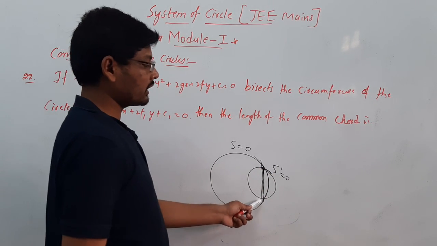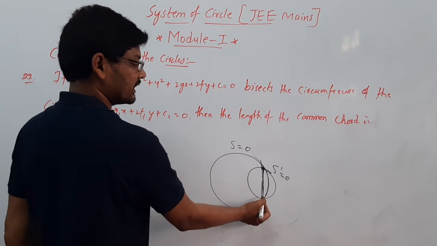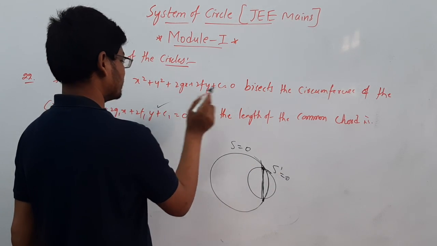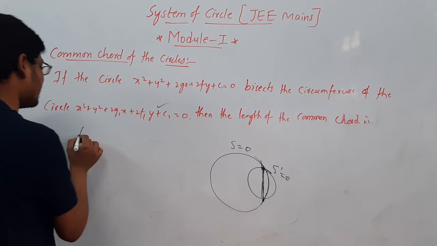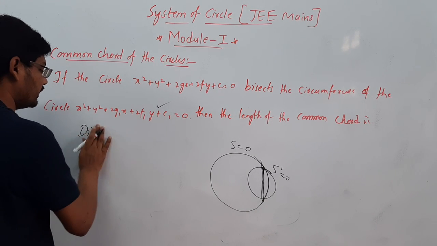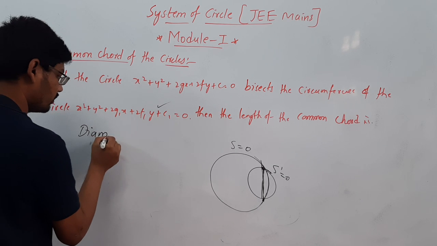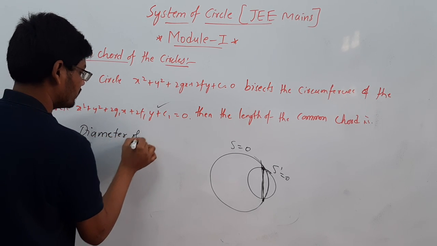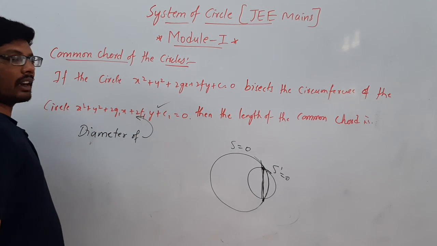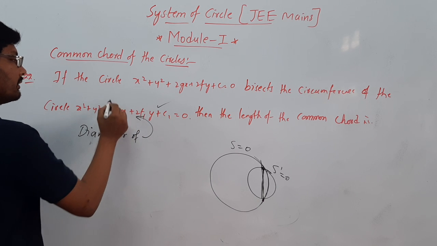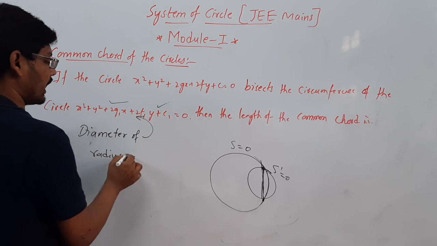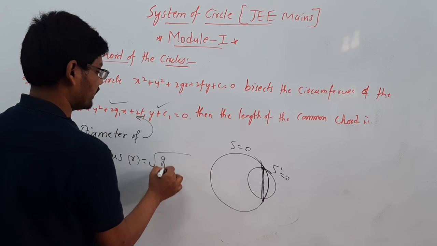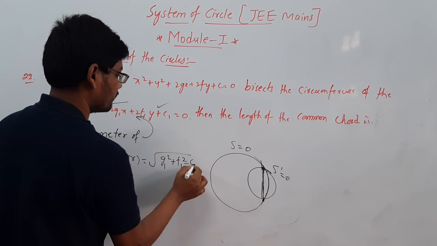So what is the common chord for the circle here? This common chord is nothing but the diameter of this circle. Generally for this circle the radius r is equal to square root of g1 square plus f1 square minus c1.